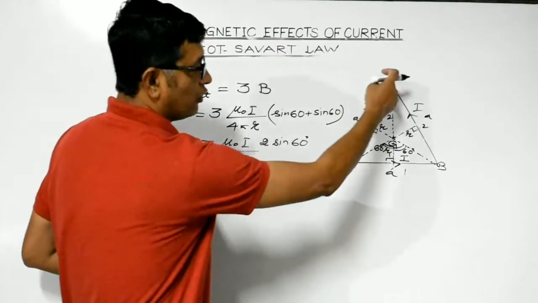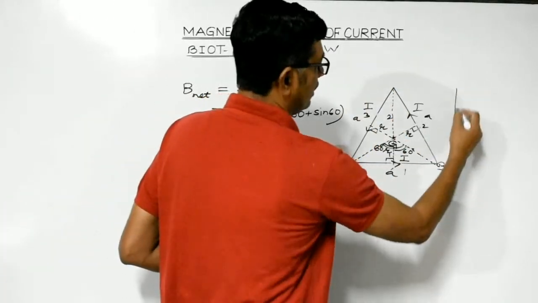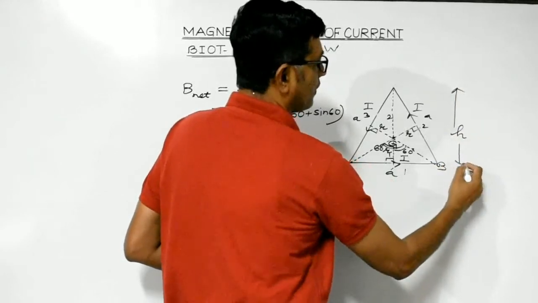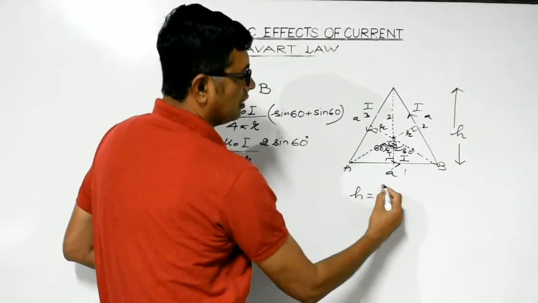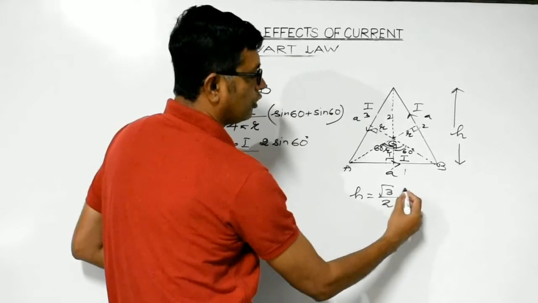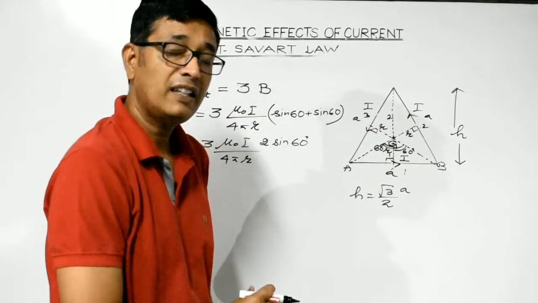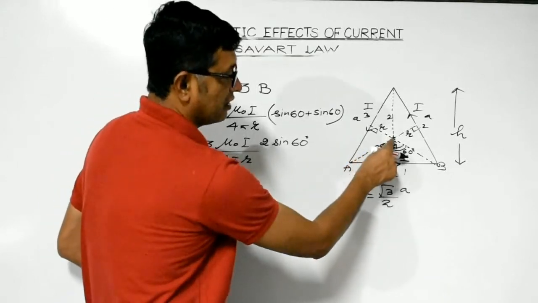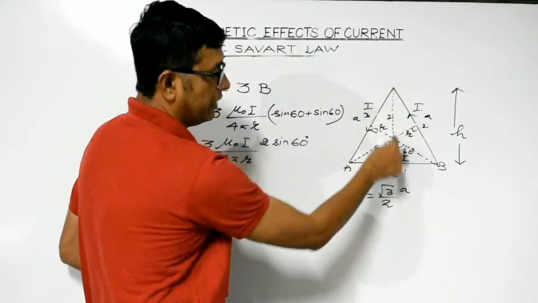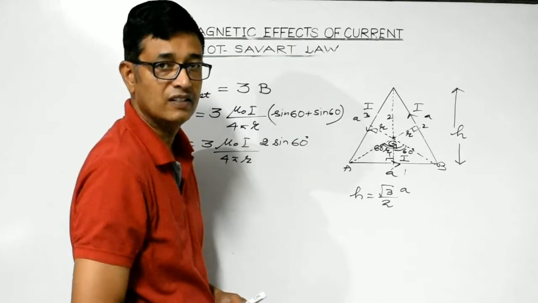Now students, we are aware of the height of an equilateral triangle, right? This is the height, and the height of an equilateral triangle is root 3 by 2 into side. Over here, the side of the equilateral triangle is A. And as I've told you, this centroid divides the median in the ratio of 2:1.